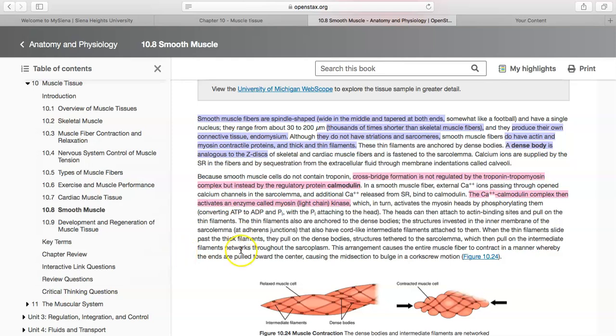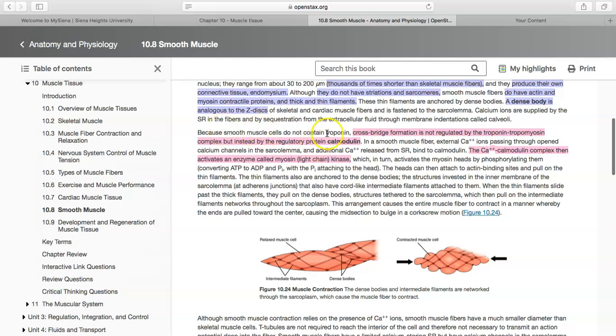So let's keep going. Smooth muscle does not contain troponin, so cross bridge formation is actually not regulated by the troponin tropomyosin complex, but instead by this regulatory protein called calmodulin.